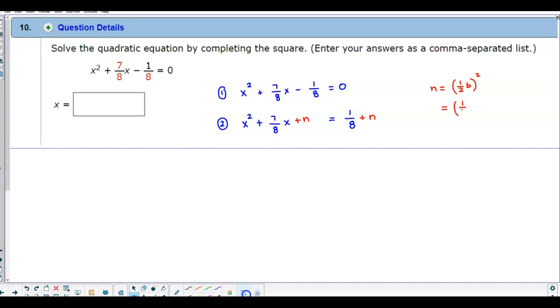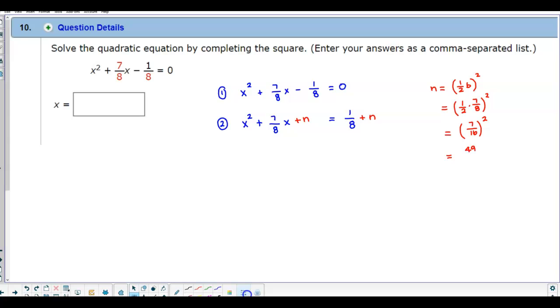So we take 1/2 times 7/8, and then we're going to square that. So we have 7 over 16, and we're going to square that number. So when we square that, 7 squared is 49, and 16 squared is 256.